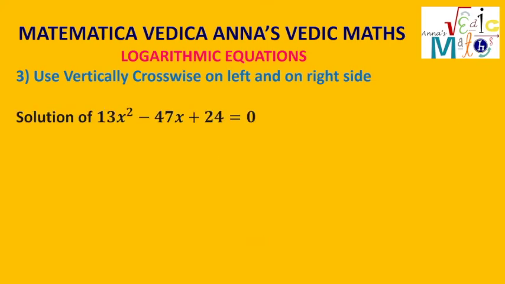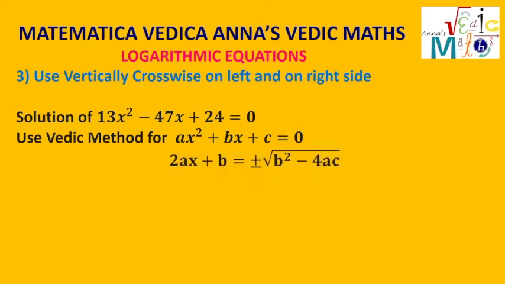To find the solution of the equation we have found, we use the Vedic method for a quadratic equation. The solution is the differential equal to the square root of the discriminant. We do the differential of the equation. We have 26x minus 47 equal plus minus the square root of the discriminant.